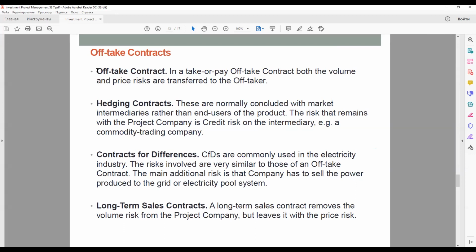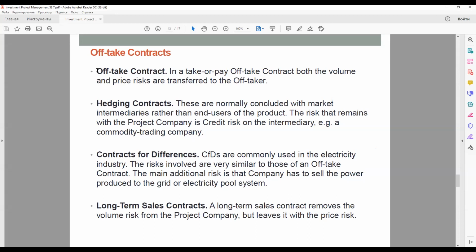And we have long-term sales contracts. A long-term sales contract removes the volume risk from the project company, but leaves it with price risk. Such a contract may be appropriate if the product produced by the project is a commodity that is not sold in widely traded markets and requires a sales organization to sell the product, as is the case with petrochemical products.